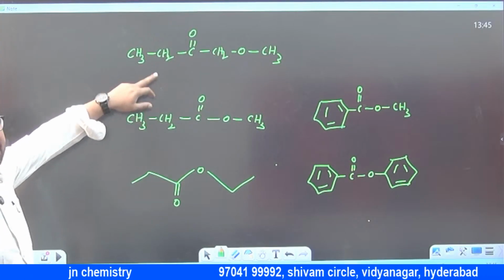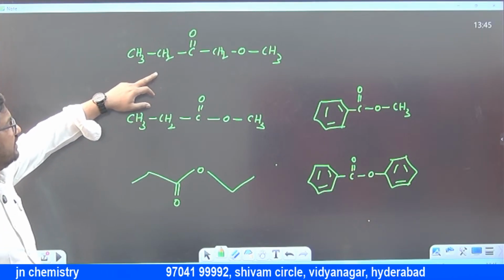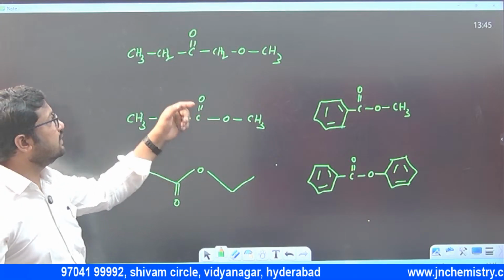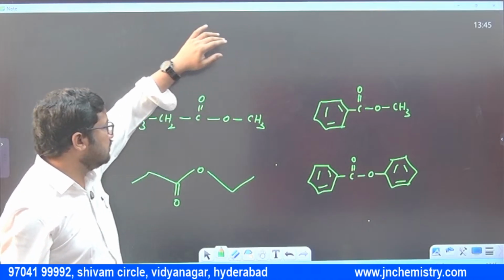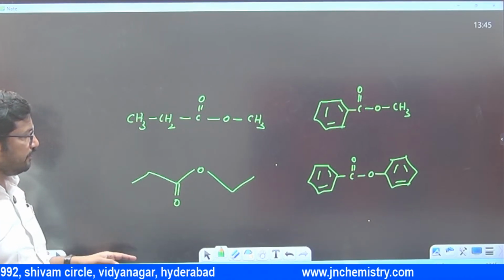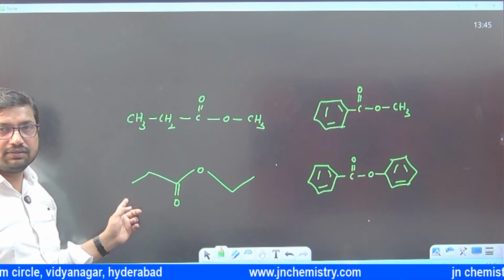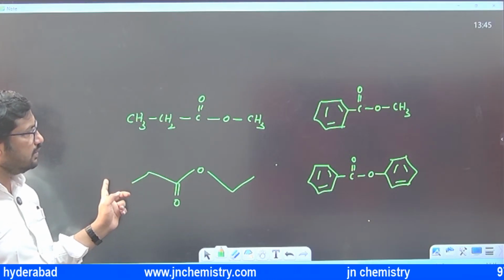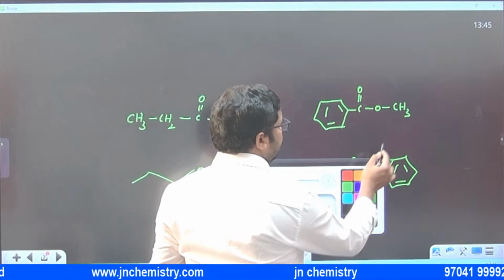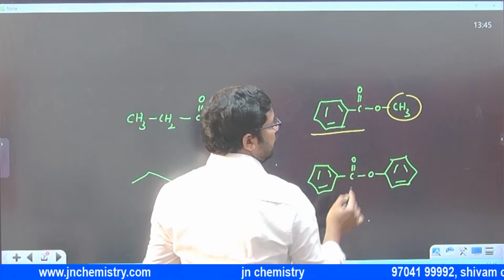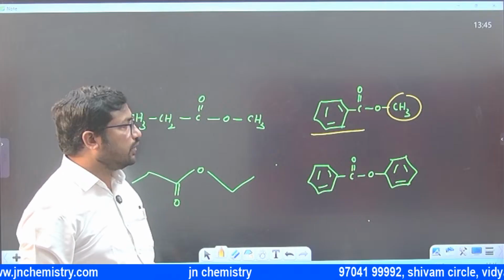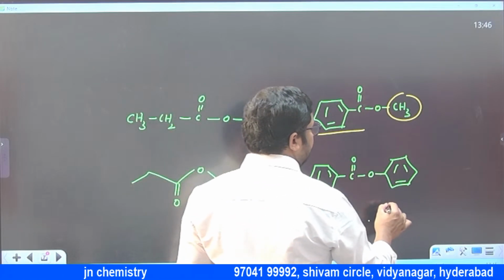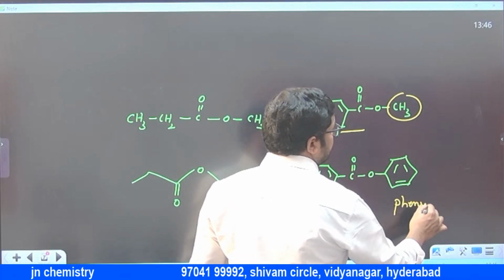See, Nana, both are not the same. This is ketone, this is ether, but combined we need to understand it as ester. Methyl propanoate. Come on, fast. Ethyl propanoate. This one is methyl benzoate. Methyl benzoate. It is phenyl benzoate. Phenyl benzoate.